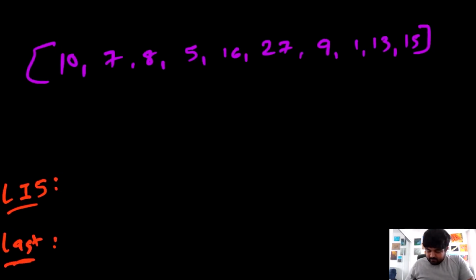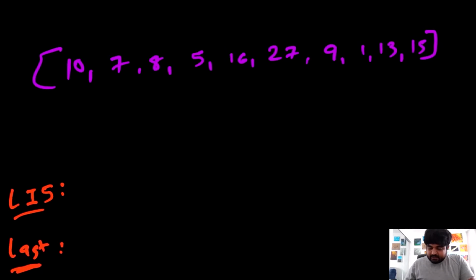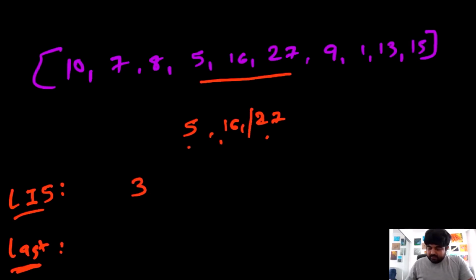What I mean by this last digit is that suppose we find an increasing subsequence over here, say that the values 5, 16 and 27 are an increasing subsequence. In the longest increasing subsequence array we are going to note an entry as 3, because the length is 3, and the last entry in this subsequence is 27, and the combination of these two is going to allow us to create some pretty interesting things.